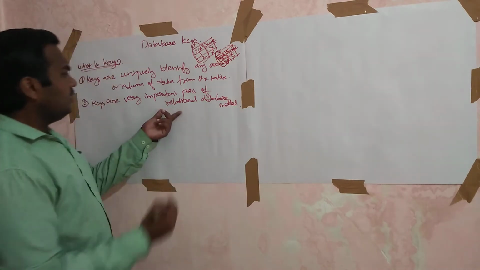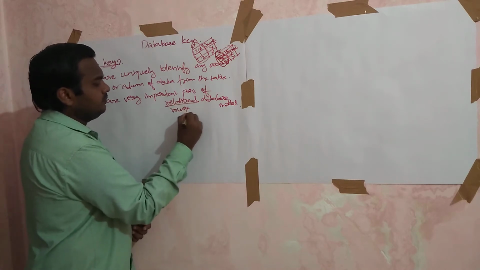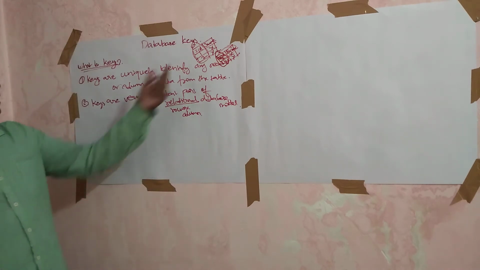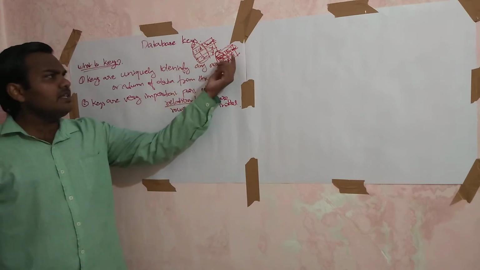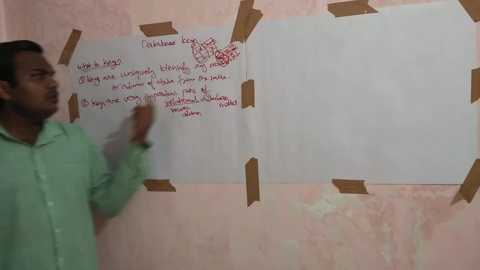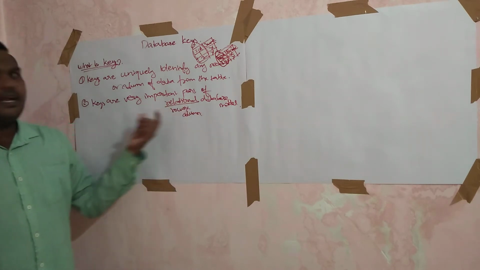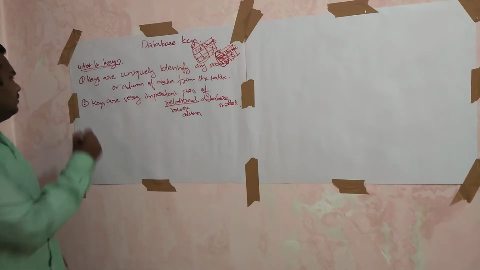Relational here is nothing but rows and columns. According to the second point, this student table has rows and columns, and this employee table has rows and columns. So keys are a very important part of the rows and columns database model. Keys are used to find a unique record in the table.